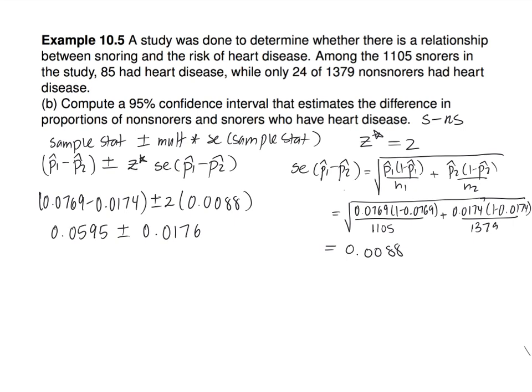So 0.0595 minus that number gives us 0.0419, and 0.0595 plus 0.0176 gives us 0.0771. As percents, that's 4.19% to 7.71%.